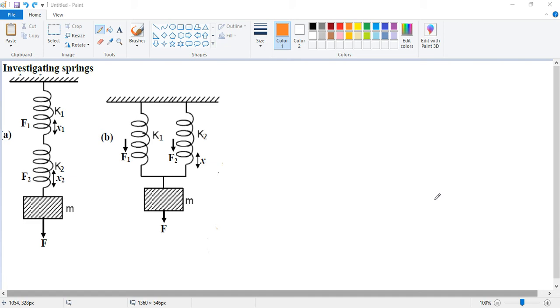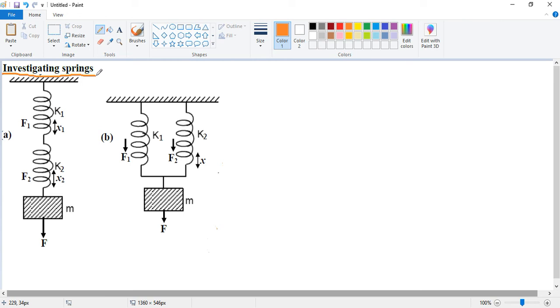Okay, so let's try to investigate springs. Remember, we have talked about the stiffness of a material. If a material is very stiff, then it will require a very large force for it to stretch.